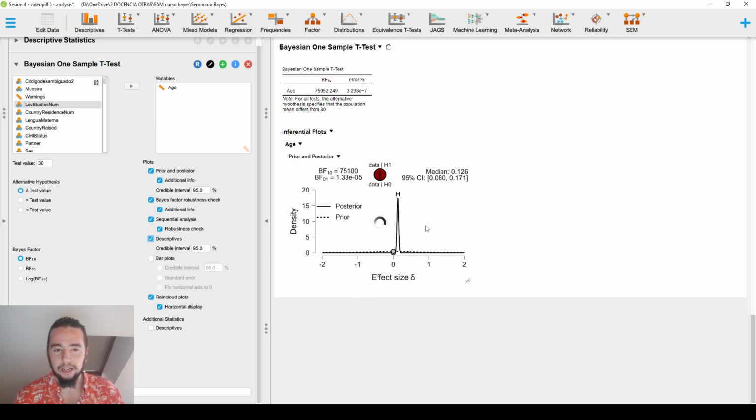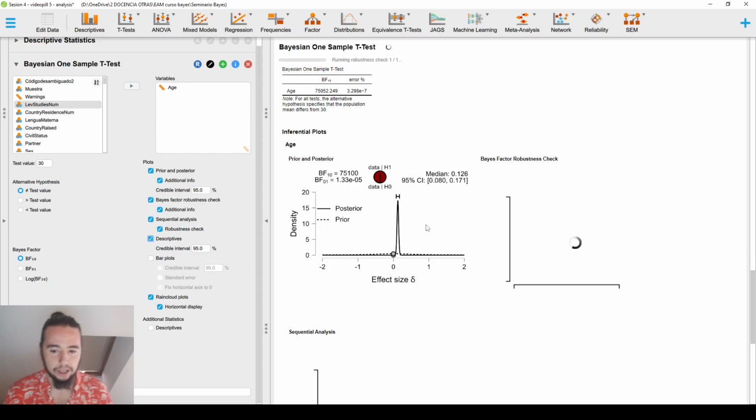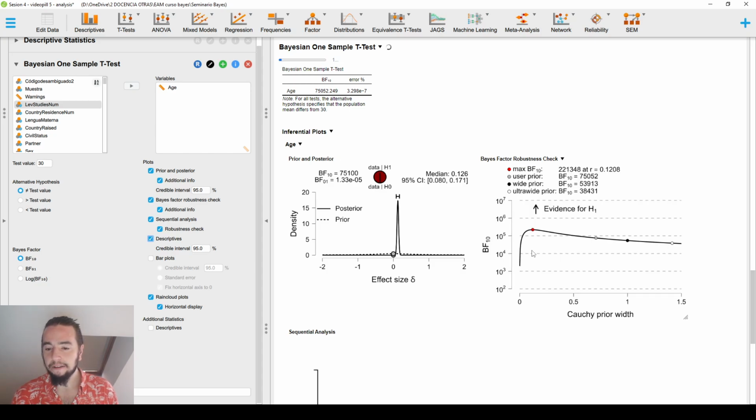And let's have a quick look. We have some progress bar, and there you go. We have the robustness analysis, which signals that we have a very robust finding because the most informative prior that we can imagine in the Cauchy distribution would give us at least 1000 as a Bayes factor.